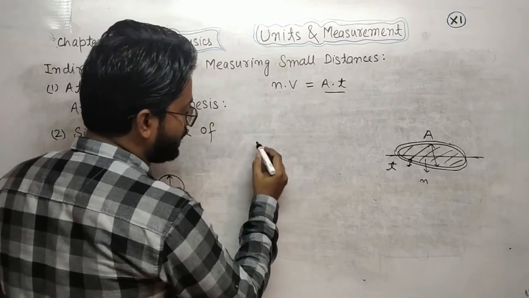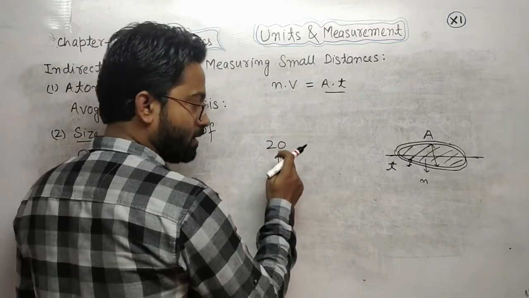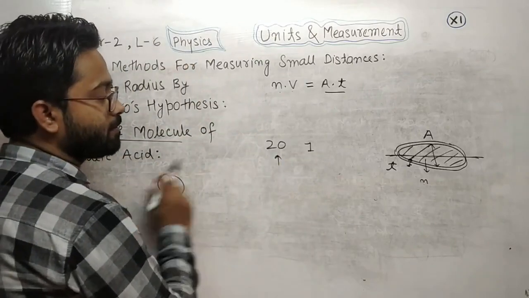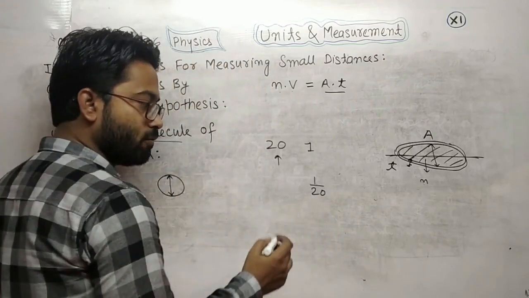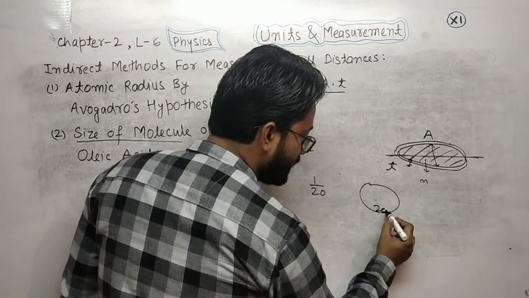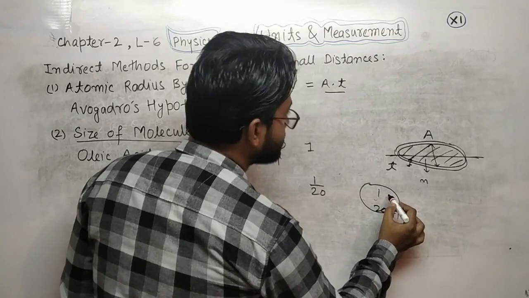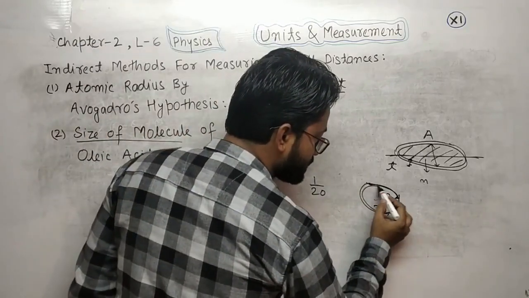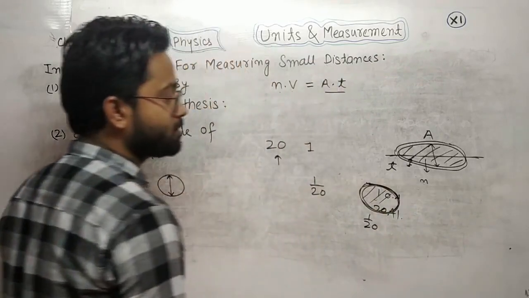Just take 20 parts of alcohol and one part of oleic acid. Mix them. Then in this solution, 20 parts are alcohol and one part is oleic acid. That means the oleic acid present in that solution is 1/20th part.